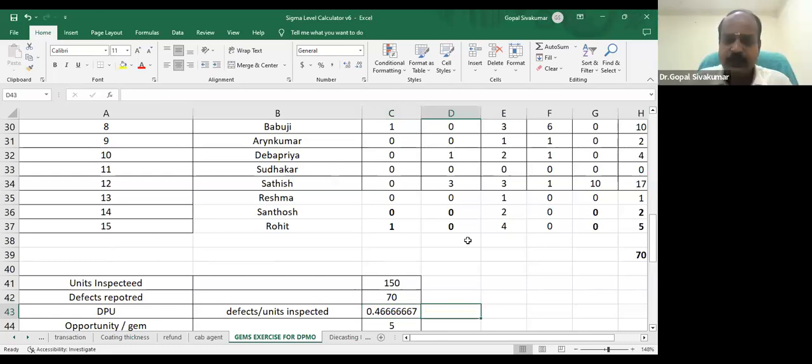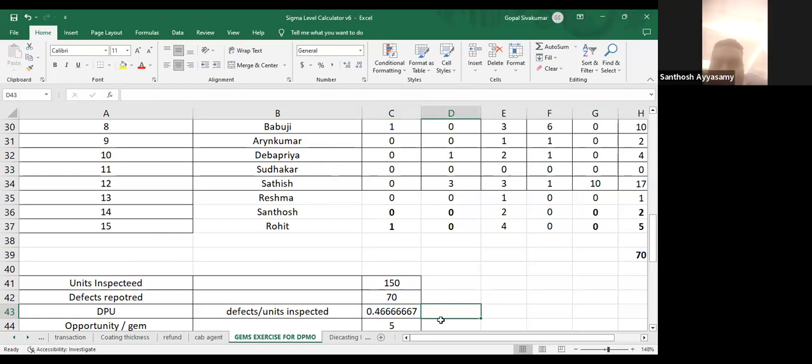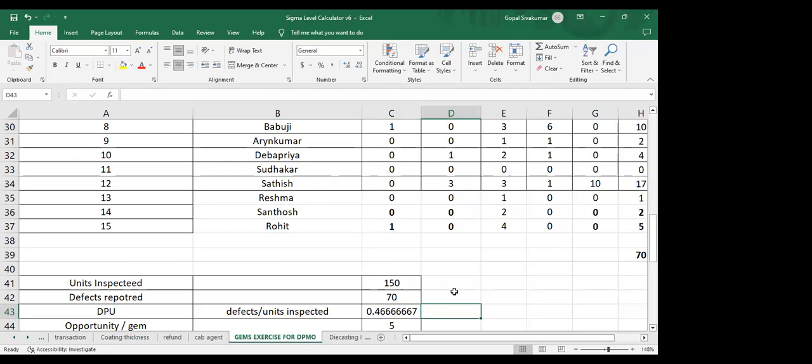Now I want to calculate something called defects per unit. Even though our goal is to understand DPMO, I am introducing one more tool so that you can use all of these tools in your workplace. Defects per unit. Can anyone help me how to calculate this? Defects reported divided by units inspected.